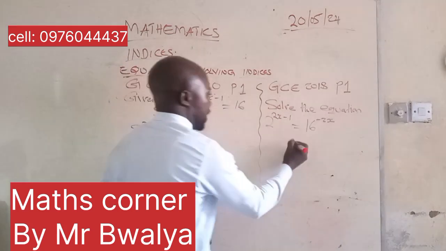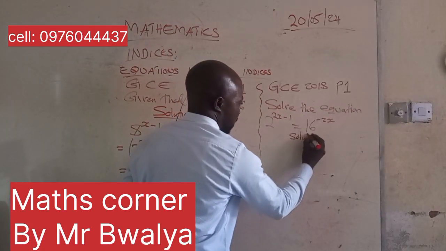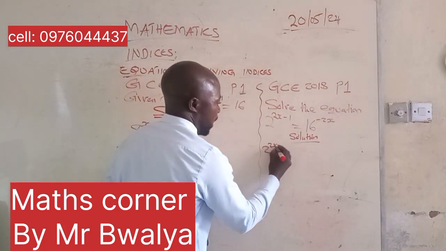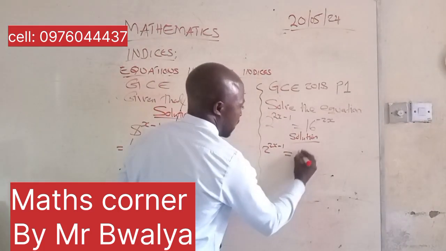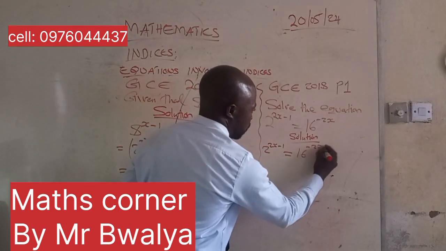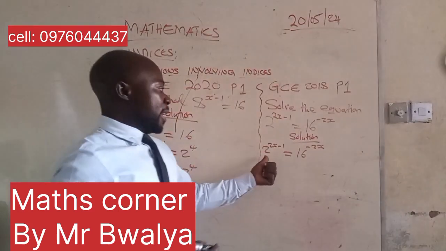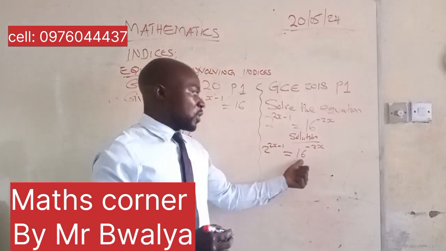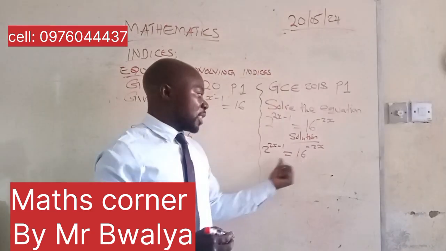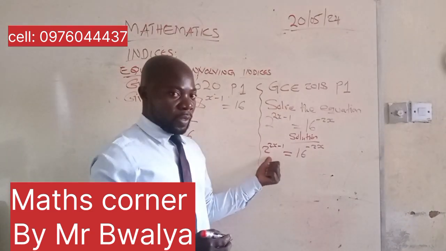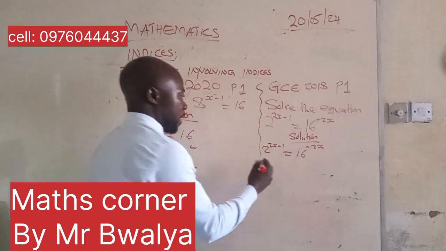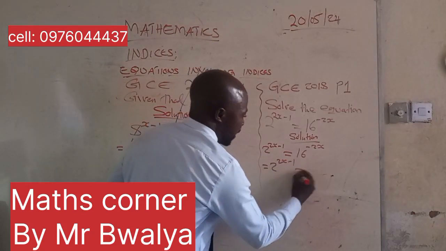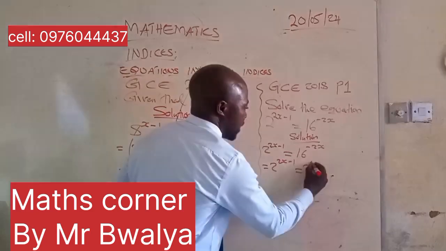So, solution. 2 to the power 2x minus 1 is equal to 16 to the power negative 2x. Remember the base here is 2, so we need to make this one to have a base equivalent to 2. So 2 to the power 2x minus 1 is equal to 2 to the power 4.